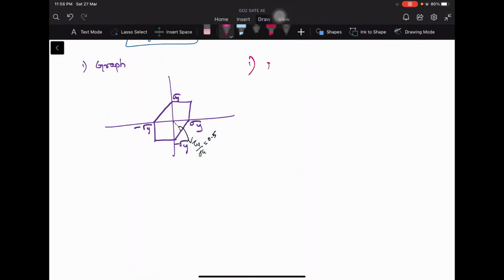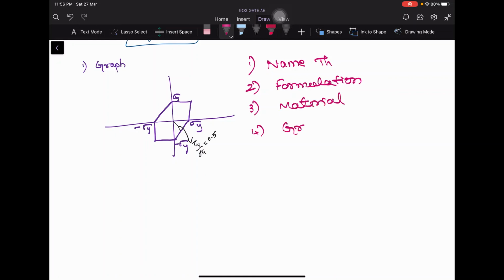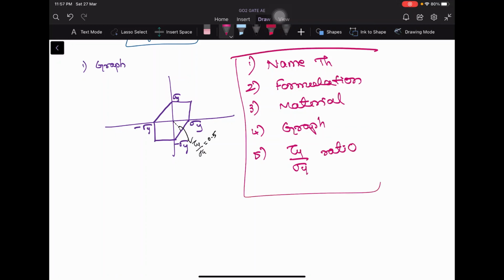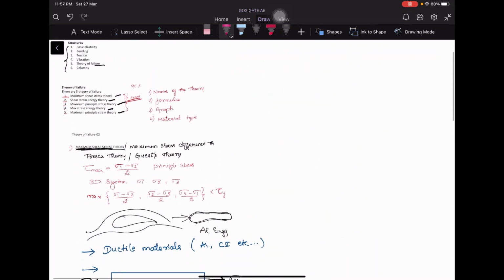The first thing is different names of the theory, then the formulation, then on what material you can use this theory, then the graph, and the fifth one is tau y by sigma y ratio. So these are the things very important. You need to revise, you need to learn, you need to understand these concepts. So this covers your maximum shear stress theory.